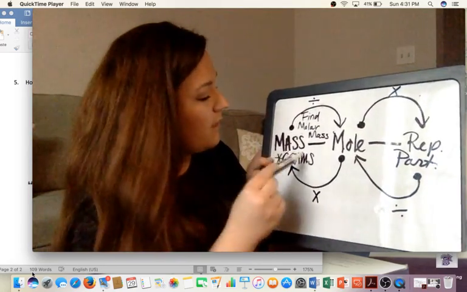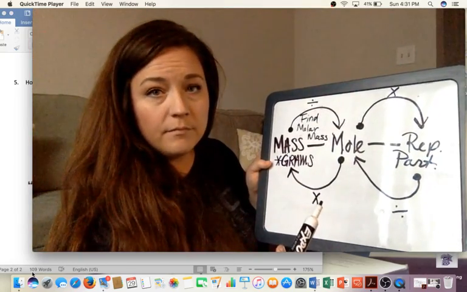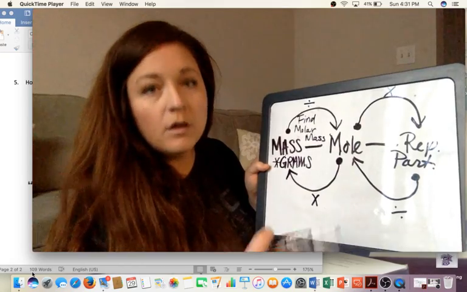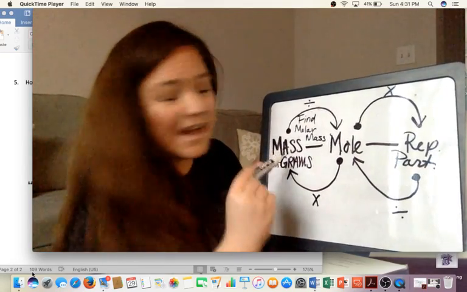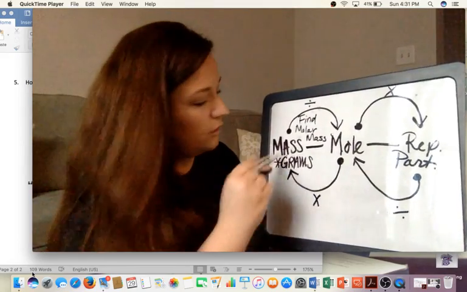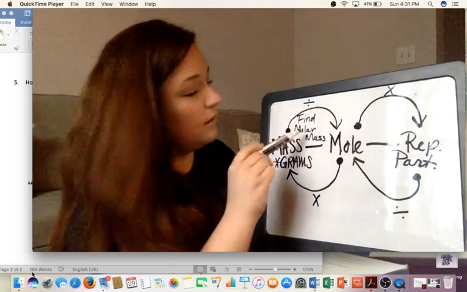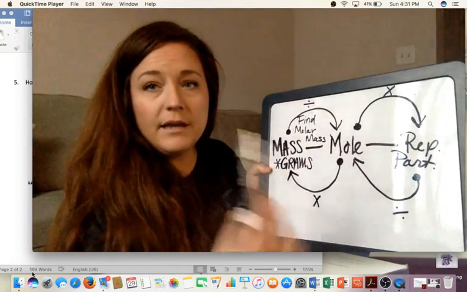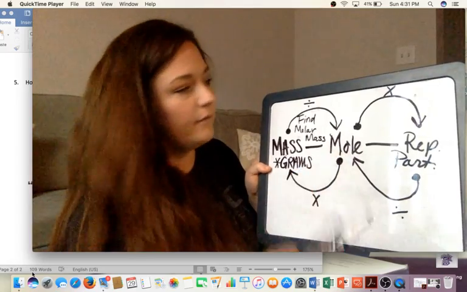Or if I was given a particular gram amount for a particular compound, I can take my given gram and divide by the molar mass of my chemical formula and find the number of moles I have.